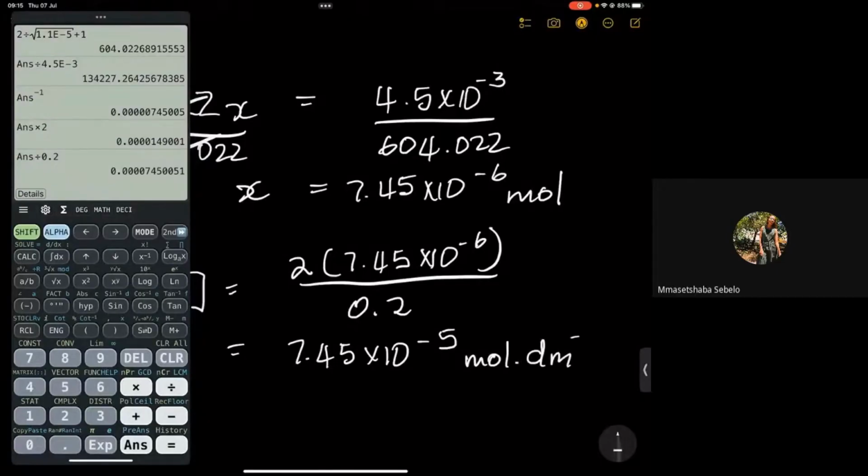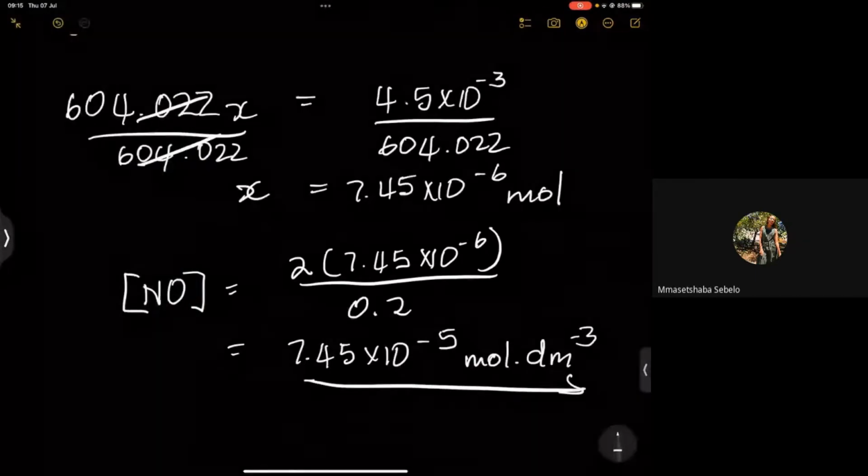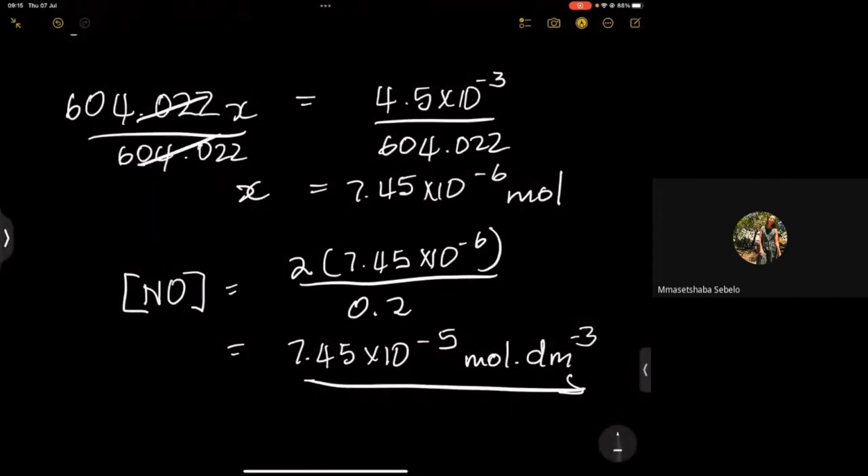Remember, we are talking concentration, so it must be in moles per cubic decimeter. Ladies and gents, did it make sense now? Please let me know if there are any challenges.